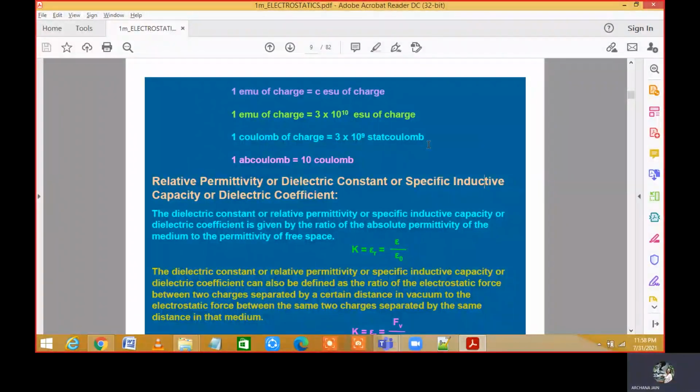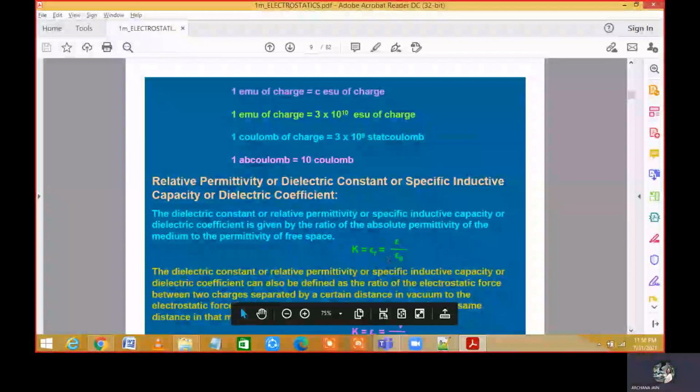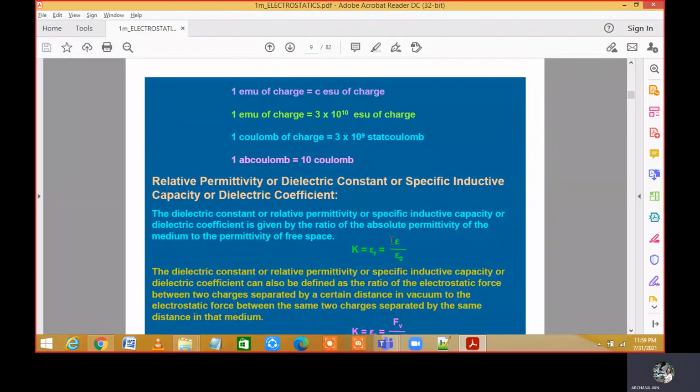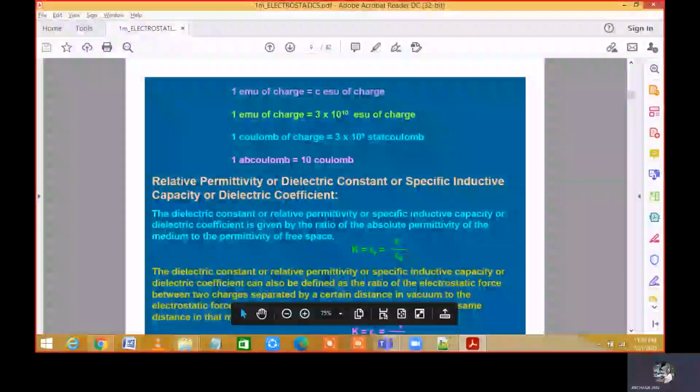This is the CGS system. Now come to relative permittivity or dielectric constant. Dielectric constant is the ratio of two permittivities. Actually, dielectric constant is the relative permittivity, which means the permittivity of the medium to the permittivity of free space.